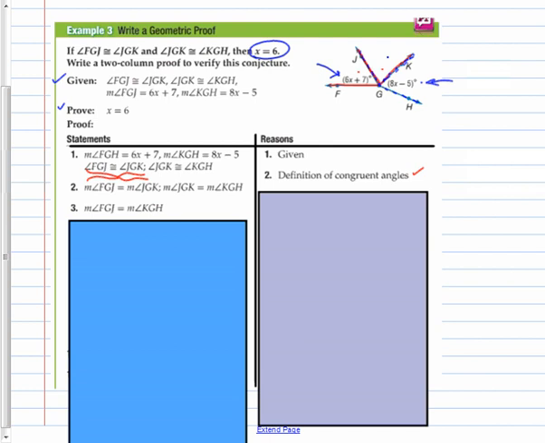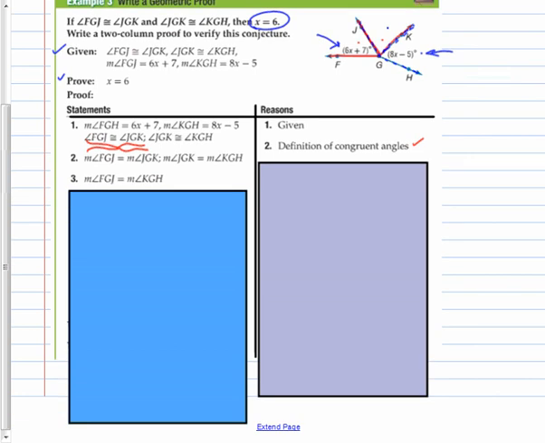So what's the next thing that they did? Then they said the measure of FGJ is going to equal the measure of angle KGH. Now look at line 2, and can you figure out what they did to be able to state line 3? Transitive. Can you see the order? The measure of angle FGJ equals the measure of JGK, and JGK equals KGH.